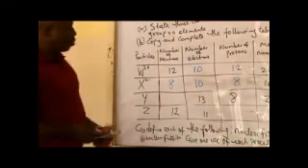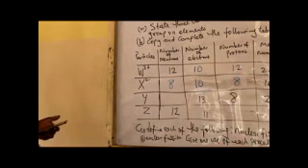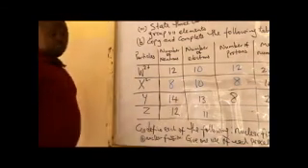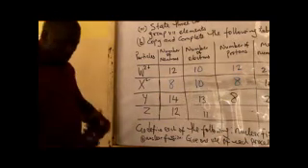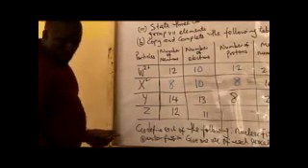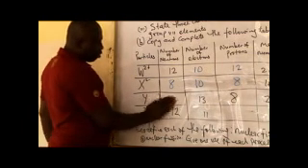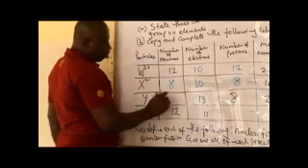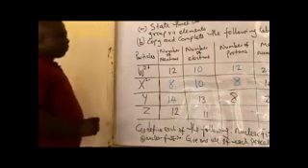So 27 minus the number of neutrons, 13, will give us 14. Therefore, what will be here is 14. Mass number minus neutron number will give us the number of protons.